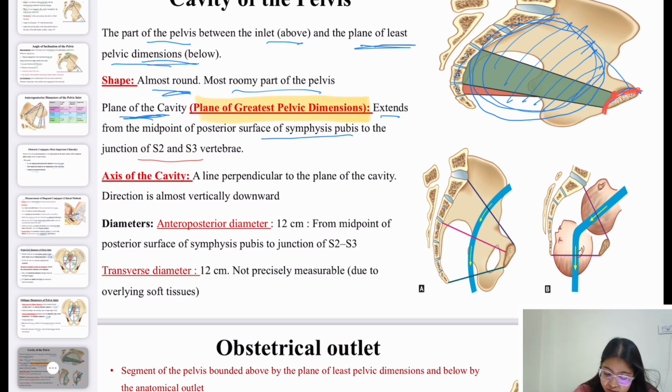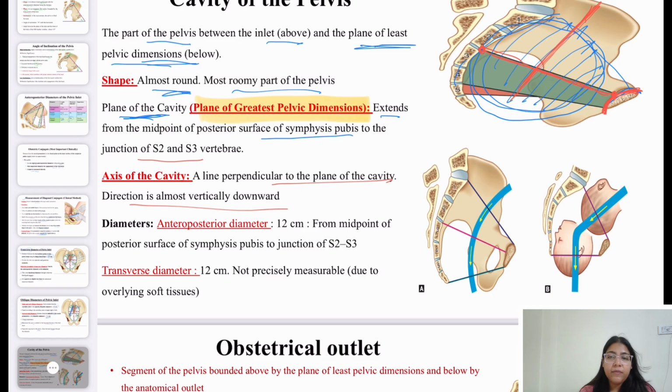So this is S1, this is S2, this is S3. So this junction. So this is the plane of greatest pelvic dimension, as you can know from the name, greatest pelvic dimension means it is the widest part of the cavity. Okay, and the axis of the cavity is perpendicular to the plane of the cavity, that is like this. Okay, so shape, axis, plane done.